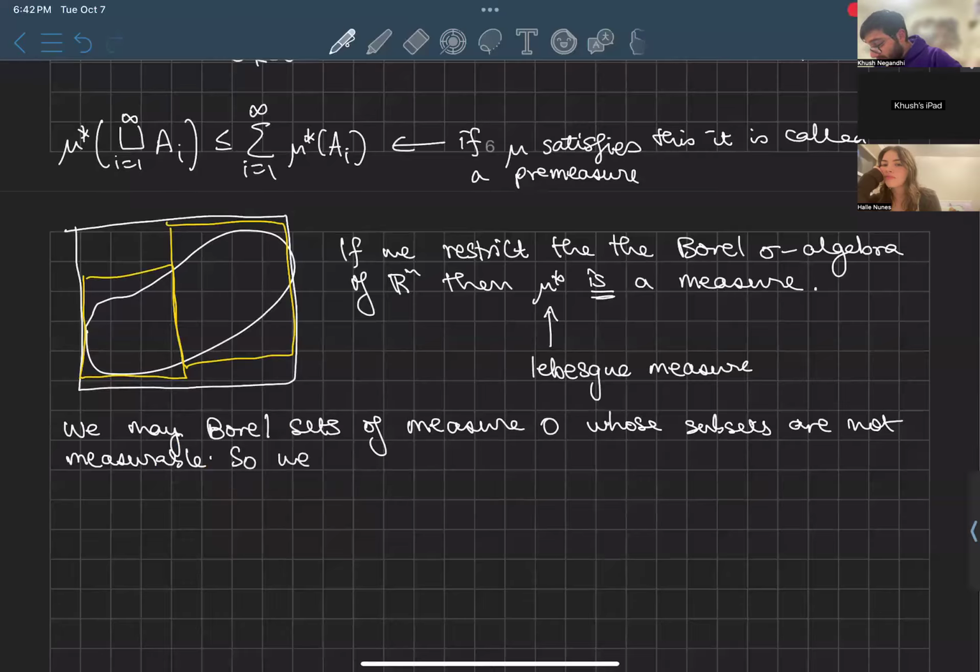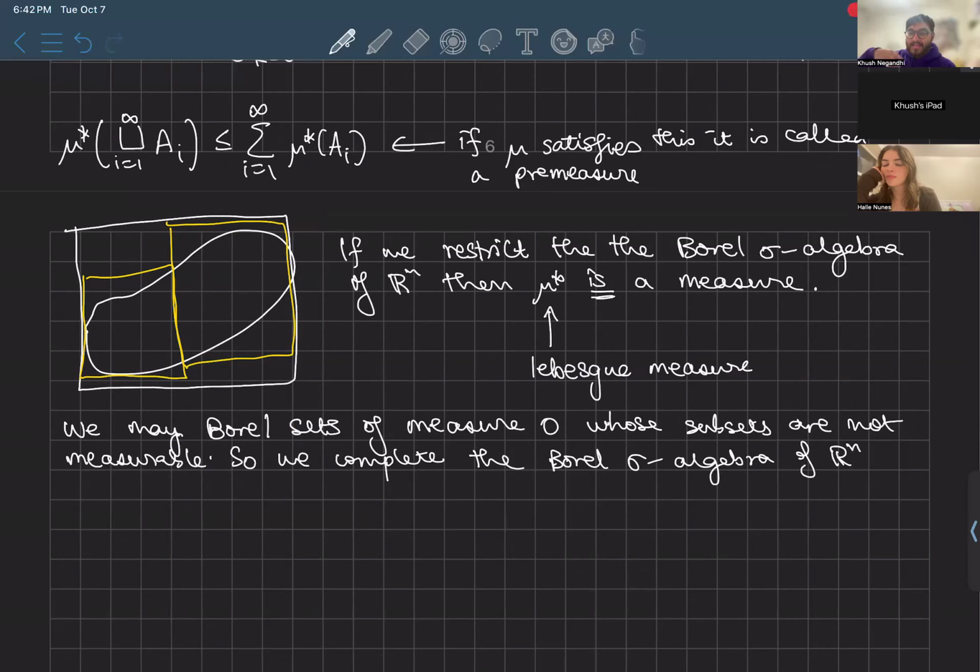So we complete the Borel sigma algebra of Rn. By complete, I just mean we add in all these subsets, and then we take the smallest sigma algebra containing the Borel sets and all these small subsets.